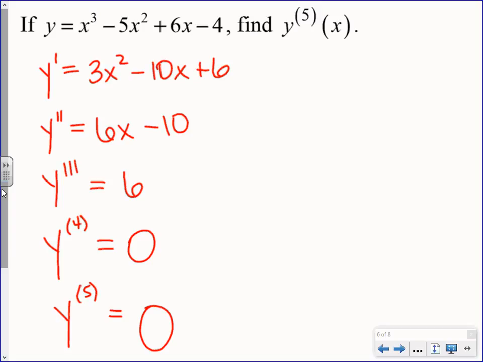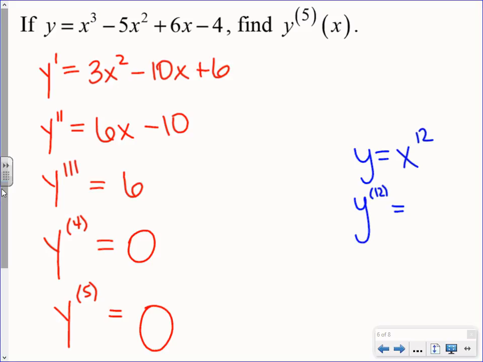What if I told you, y equals x to the 12th, and I told you to find the 12th derivative? Okay, let's talk about our thought process for that. What's going to happen with each derivative?